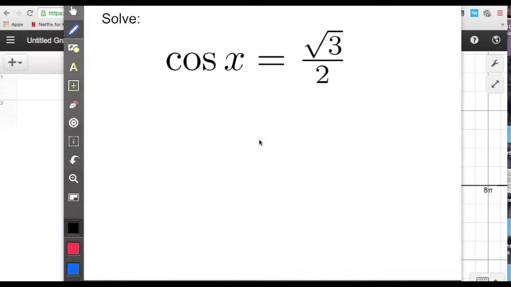So it's not an identity, because not all values of x make this true. Which particular values of x make this true? If you look at x as an angle, what angle do I put in there so that the cos of that angle is root 3 over 2? And so what we're going to do is solve this.